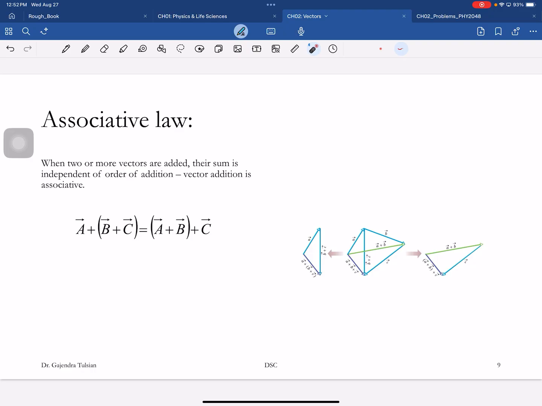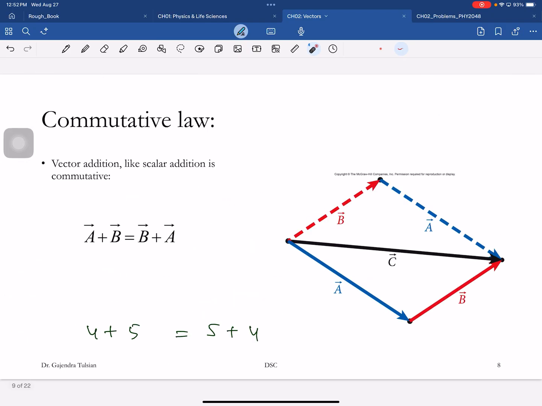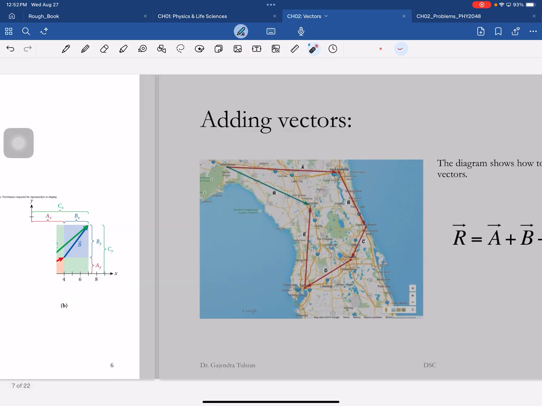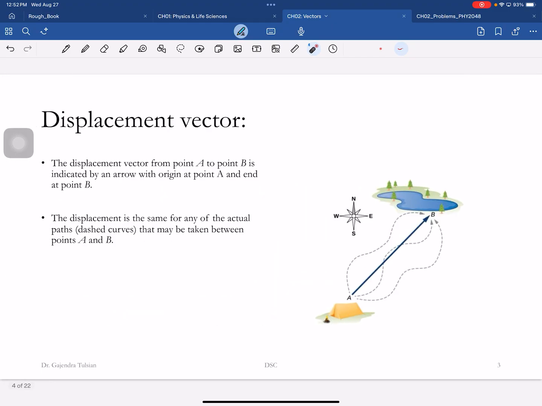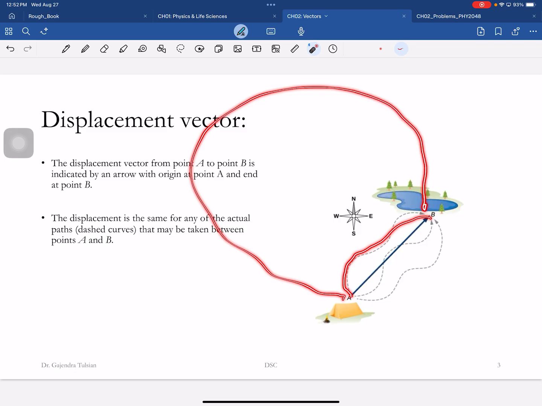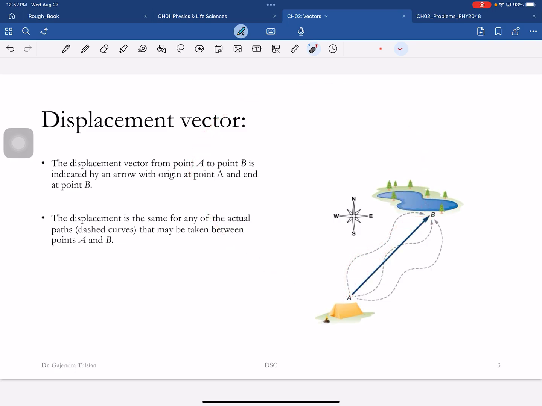Here's A plus B plus C in diagrams. Regardless of any sum of any vectors, the displacement vector will always just be the shortest distance from A to the last one. You start off here, go to Mars and come back, same displacement vector.